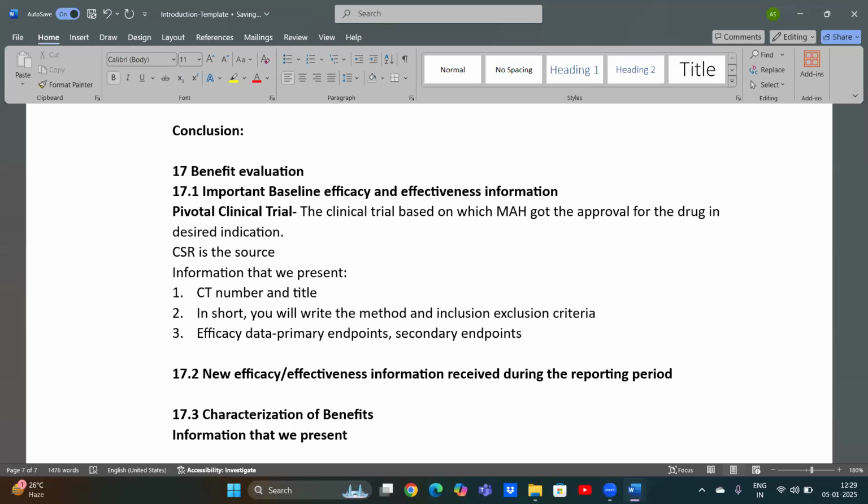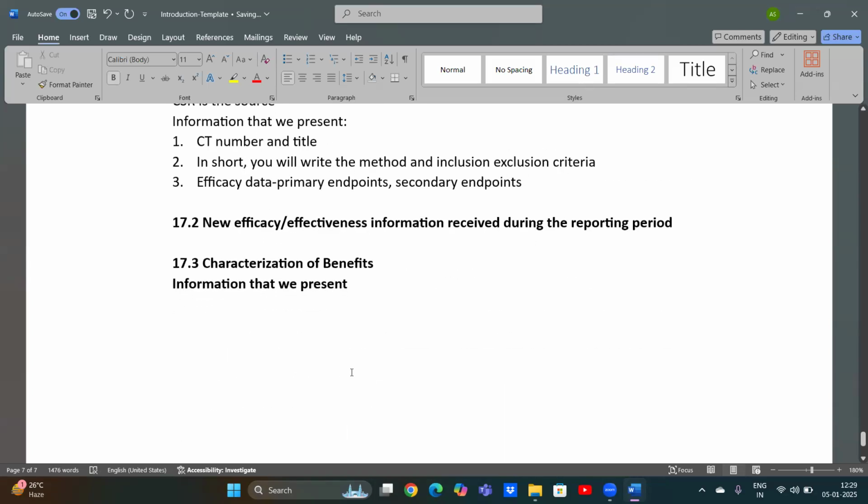This is a simple section. You don't have to search anything or write. What you have to do is just give information about the molecule. About the molecule means its chemistry or class.